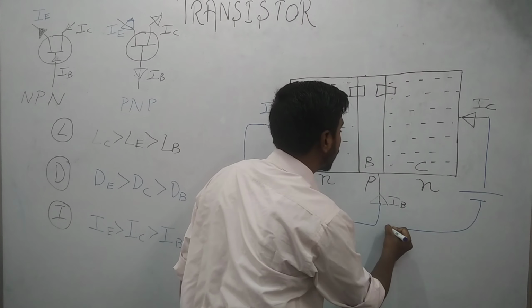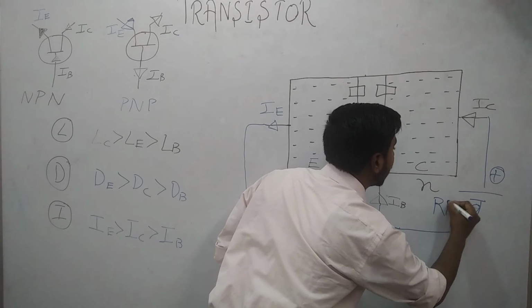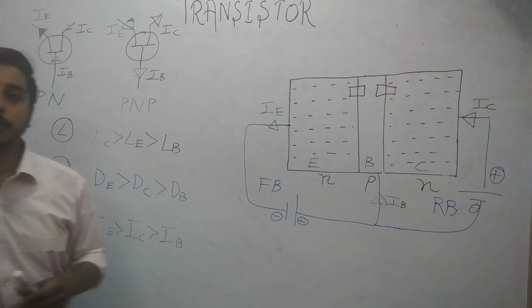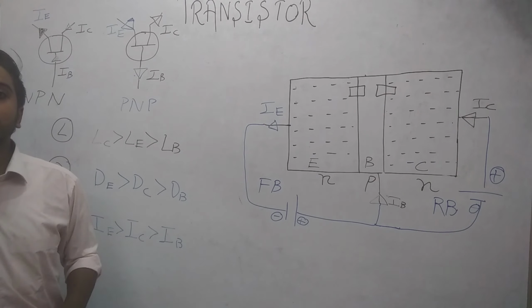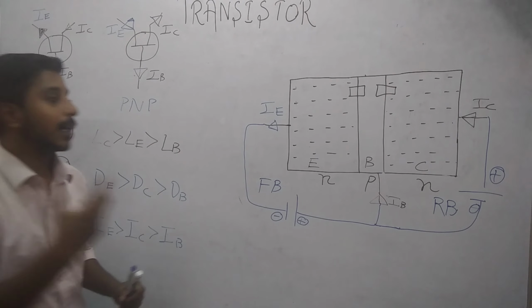Okay, let it be like this. So you can see that this one is in reverse bias condition. Why? Because negative is connected to P and positive is connected to N, so this one is in reverse bias condition. Okay, so this is the basic working of the transistor.